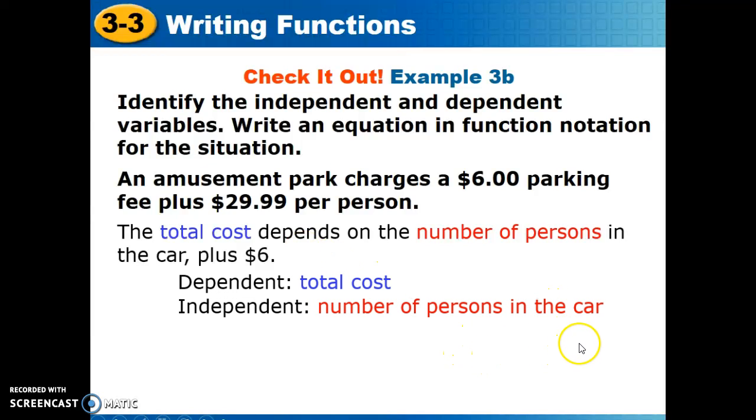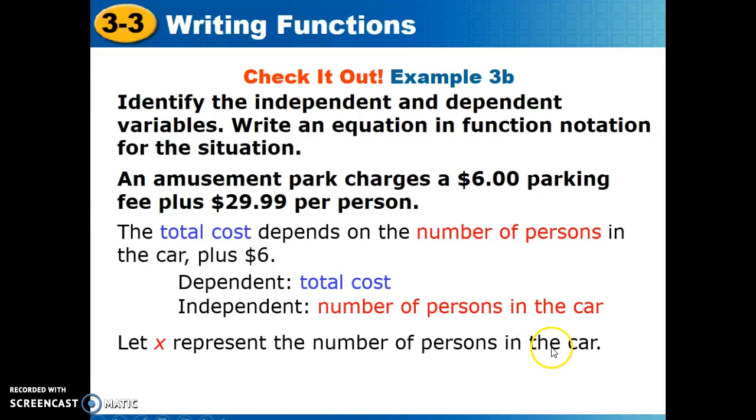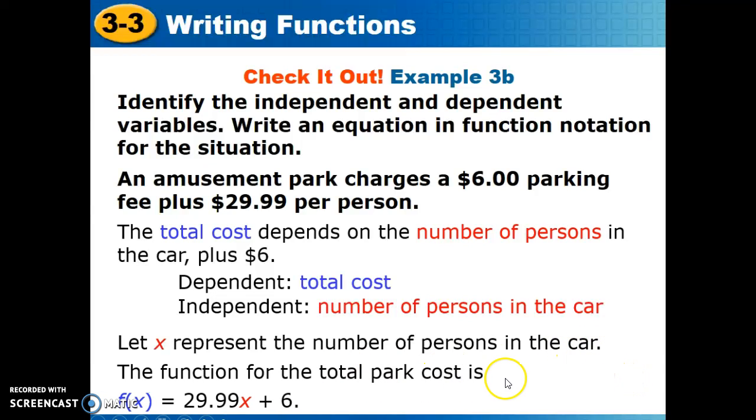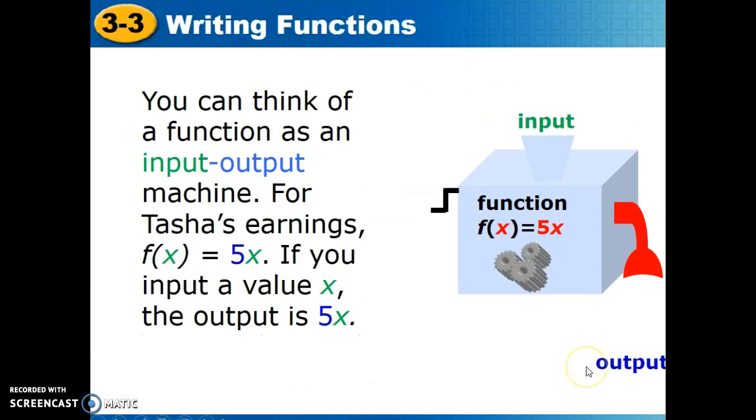Dependent is total cost. Independent is number of people. The cost is a function of people in the car. The function for the total park cost is f of X, $29.99 per person plus $6.